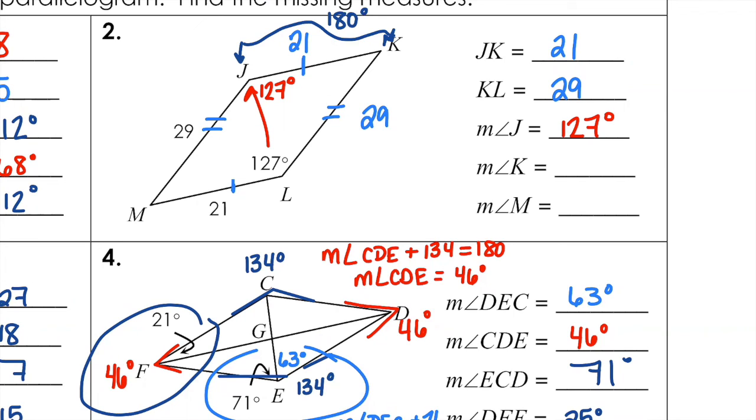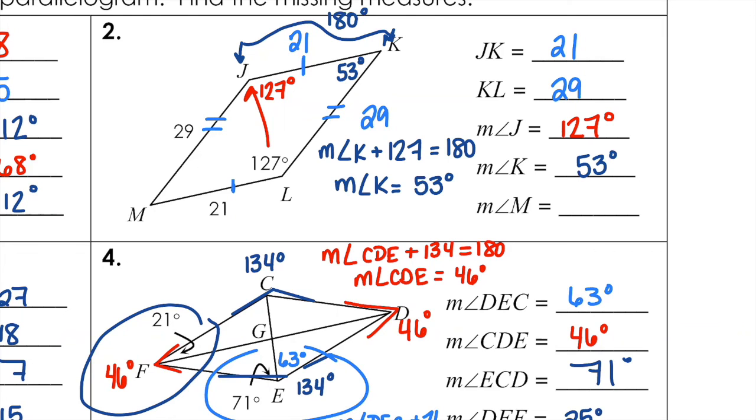It just matters that consecutive angles are supplementary. So the measure of angle K plus 127 equals 180. Subtract 127 from both sides.